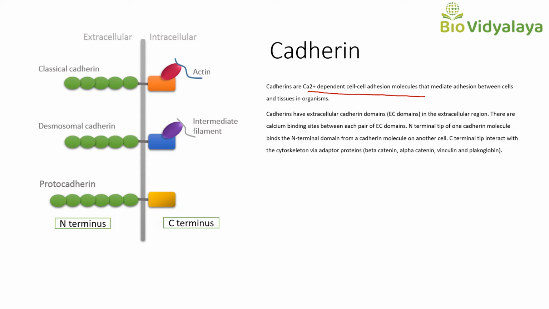Cadherins have extracellular cadherin domains, that means EC domains, in the extracellular region. There are calcium binding sites between each pair of EC domains. See this picture. Here you can see that this is cadherin.